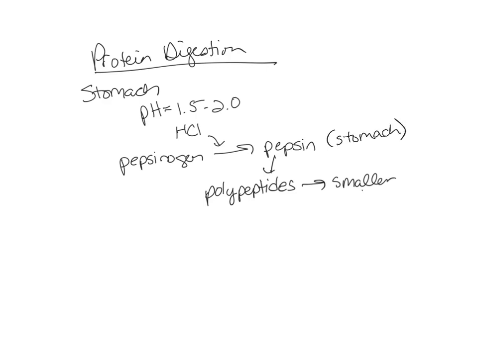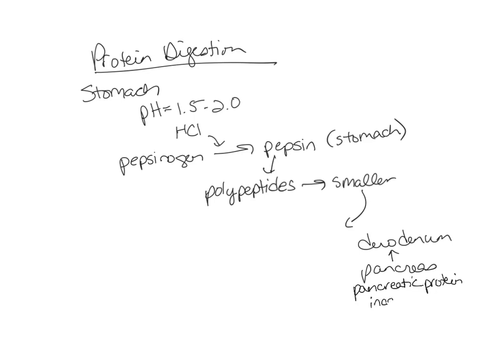Now these smaller peptides are going to move into the duodenum. And in the duodenum, the pancreas secretes enzymes. One of those is called the pancreatic protease. These pancreatic proteases are in an inactive form and they have to be activated. Once they're active, they can break those smaller peptides down into dipeptides.